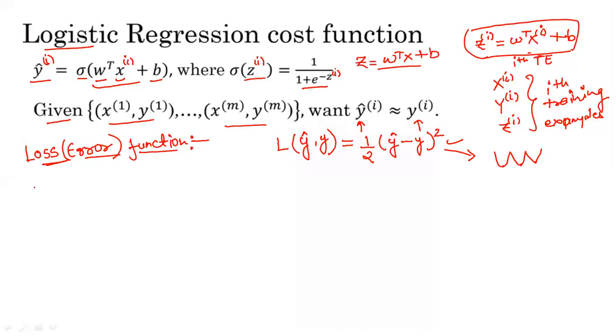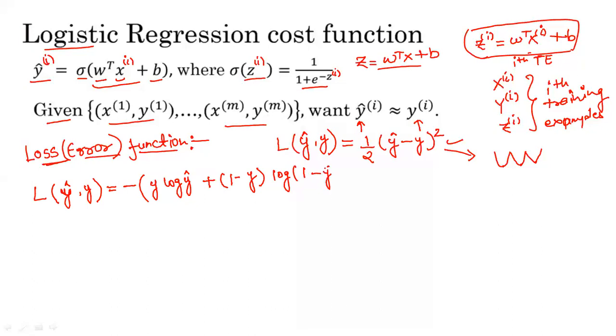So we introduce a new kind of loss function. I will not tell you the whole derivation of this loss function, but I will tell you the exact loss function as it is defined. This loss function can be defined as L of y hat comma y equal to minus of y log y hat plus 1 minus y times log of 1 minus y hat.